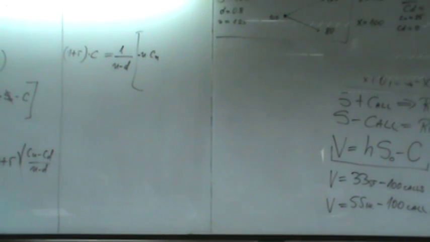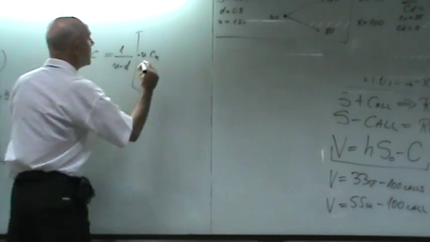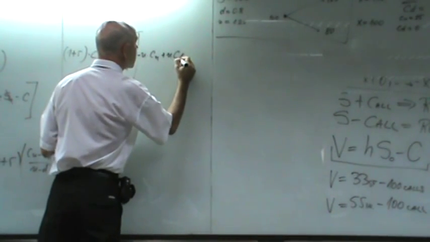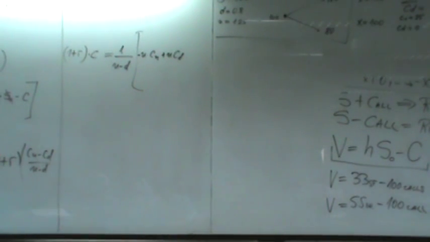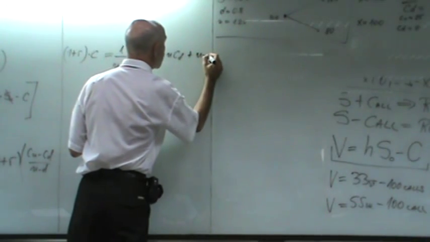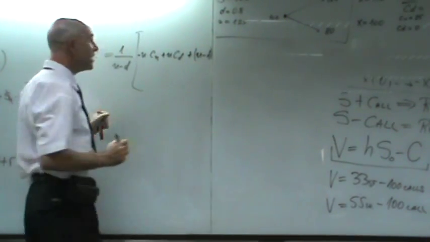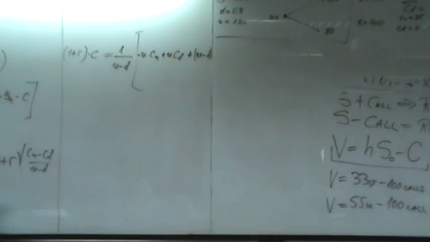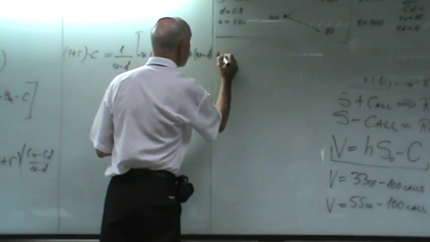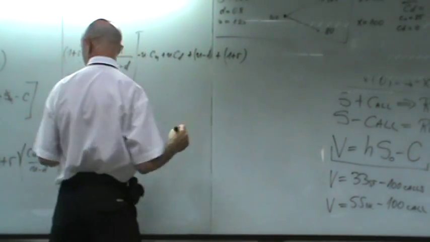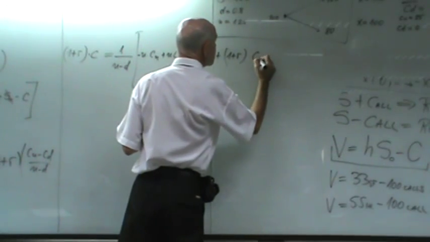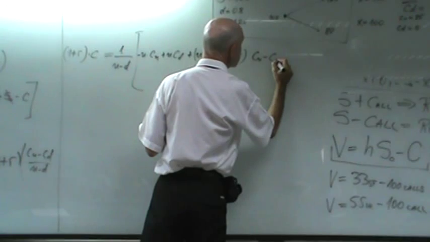Then you have plus UCD plus UCD. So we got this part. This CU becomes U minus D plus U minus D, and for this piece becomes 1 plus r plus 1 plus r CU minus CD.